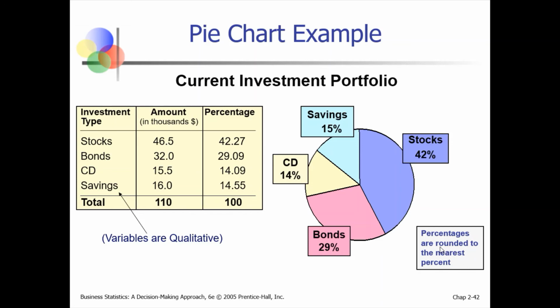So percentages are rounded to the nearest percent. Okay? So near 42.27 man siya, so hindi na siya 42%. 29.09 himong 29%, 14, and gihimo na lang ni siya 15 para at least kanitanan is 100%. Okay? So mao na siya karon ang variables or categories.